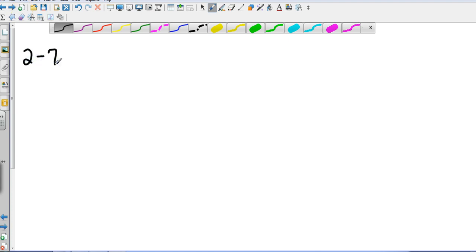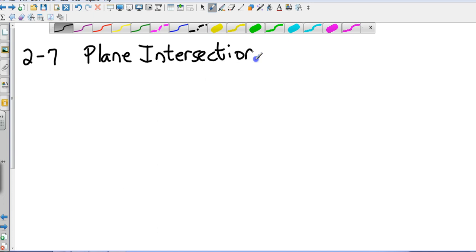And 2-7 is the plane intersection postulate. And what that says, this is basically our revolving door examples from the first chapter.